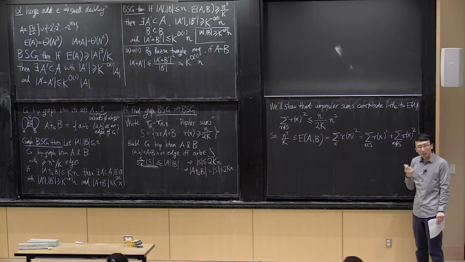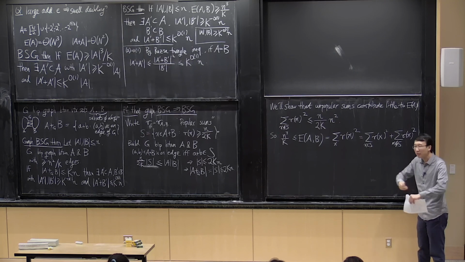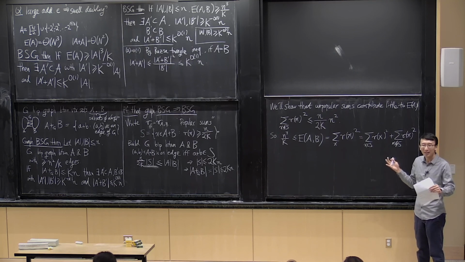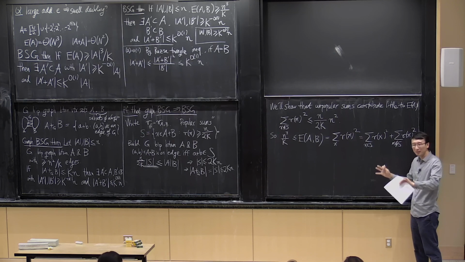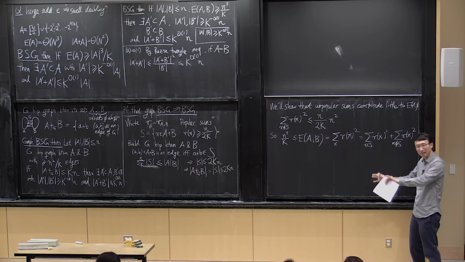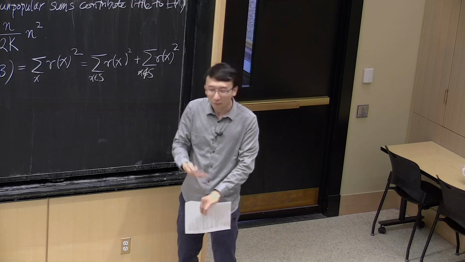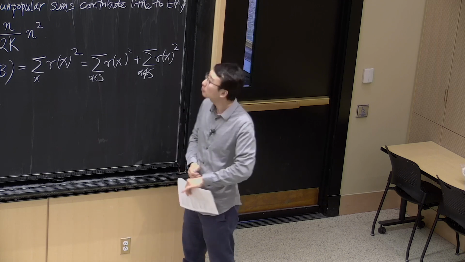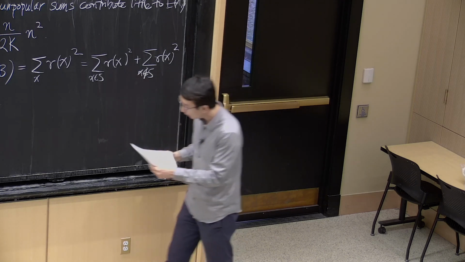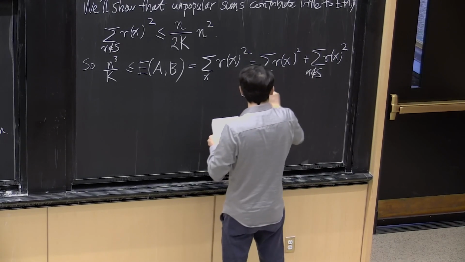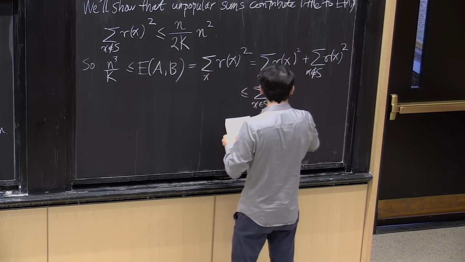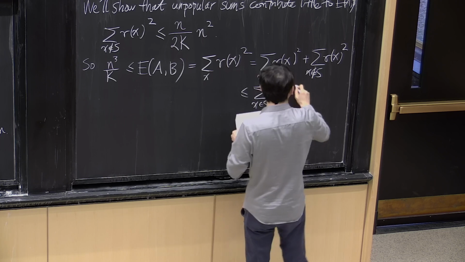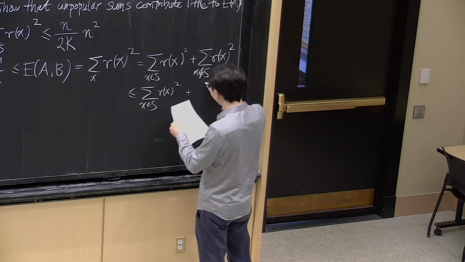And hopefully this should all be somewhat reminiscent of basically all these proofs that we did so far in this course, where we separate the sum into the dominant terms and the minor terms. This came up in Fourier analysis in particular. So we do this splitting, and we upper bound the unpopular contributions by the estimate from just now.